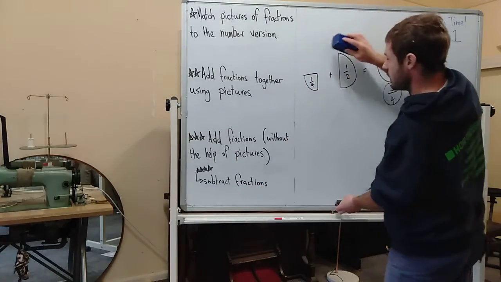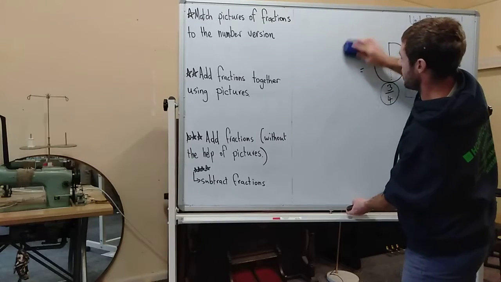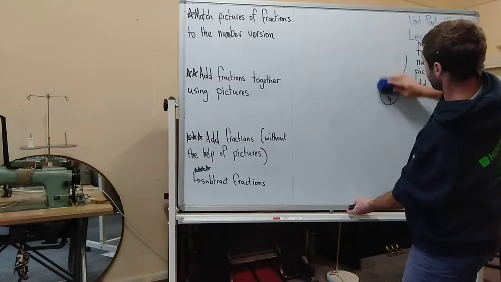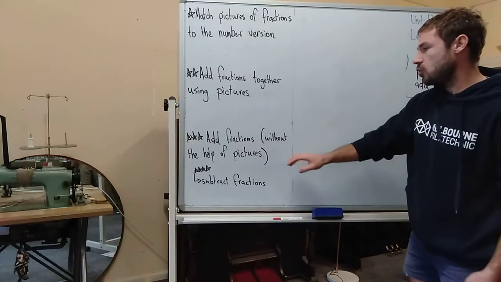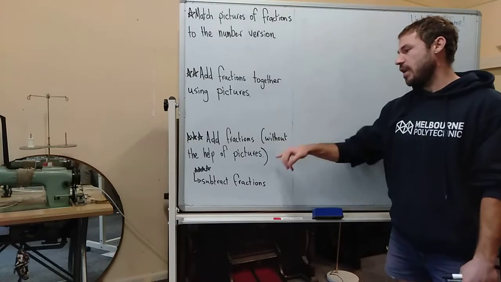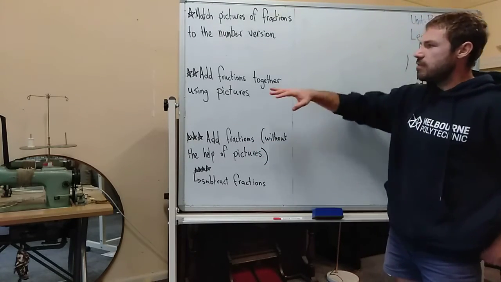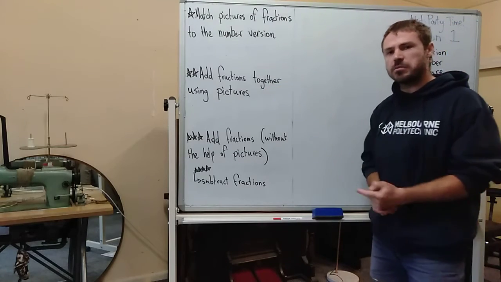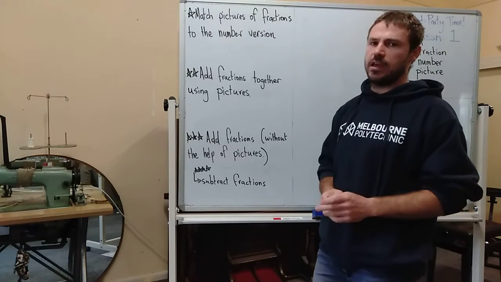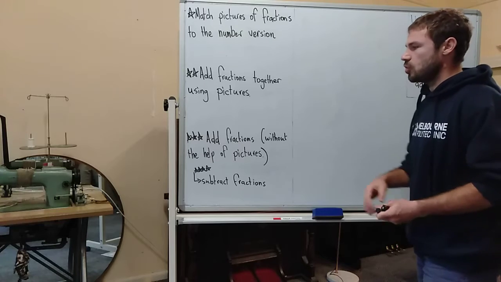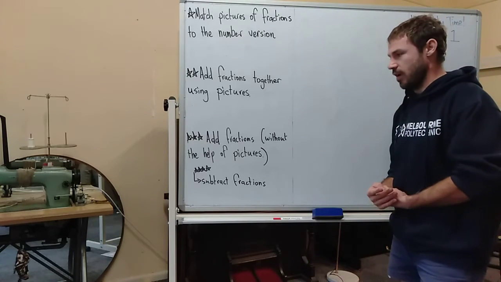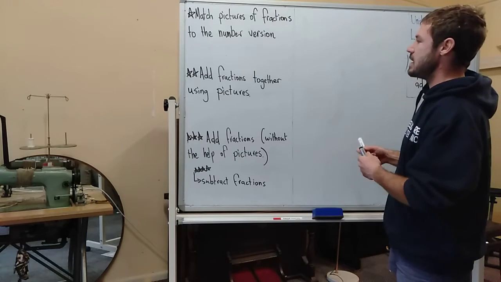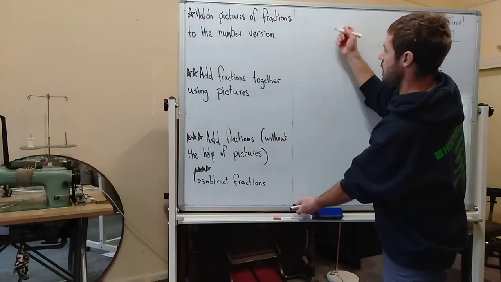At the 3-star task, you are going to add fractions together without the help of pictures. So if this part looked easy, or you've got some experience adding fractions together already, I suggest you head to this 3-star task, where you'll just be taking the numbers.